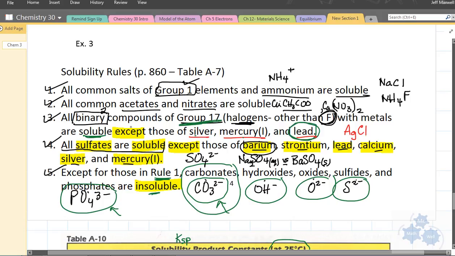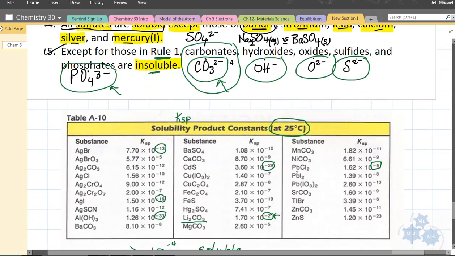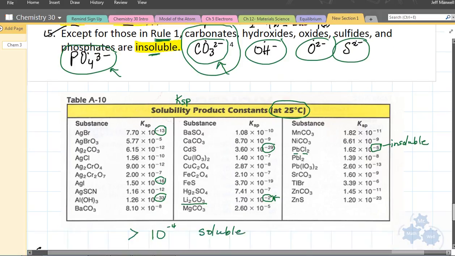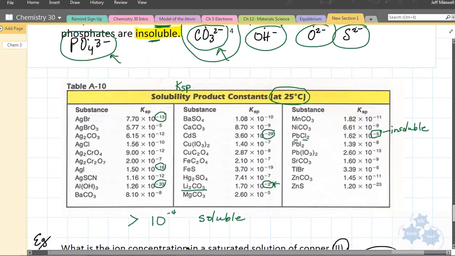So generally they're soluble except if it's matched with lead, and that would be the case with this one, lead chloride. So I think 10 to the negative 4 is a good sort of cutoff because this now is fairly insoluble, the chart says. Okay, does that make sense? If you're looking at the chart, how to match that with the rules.